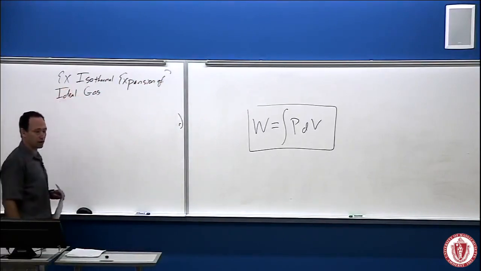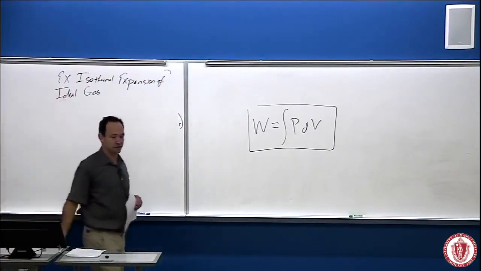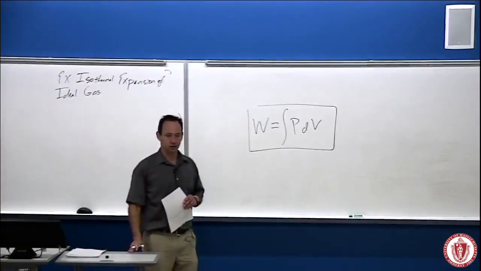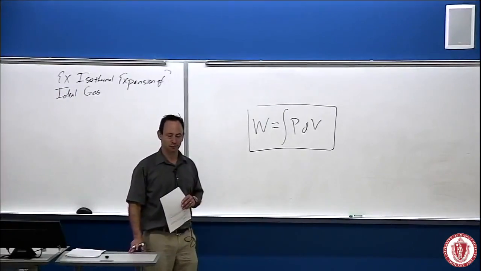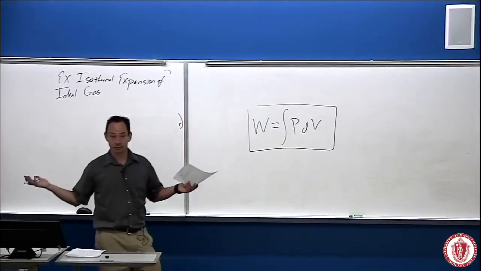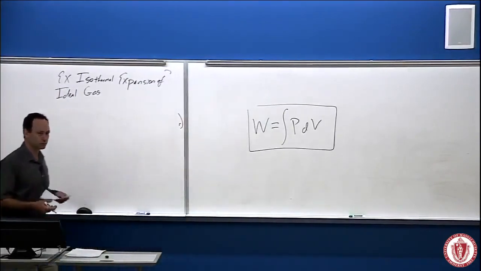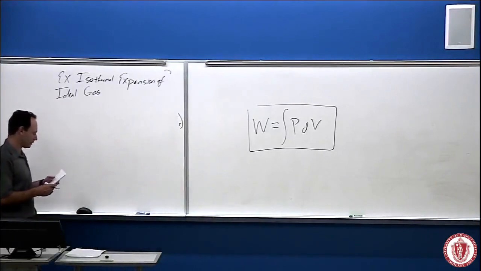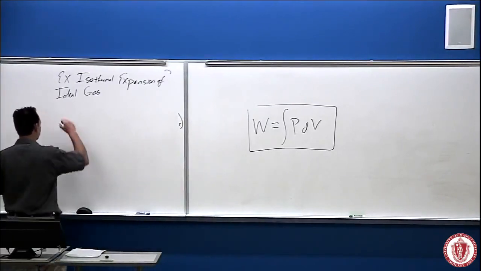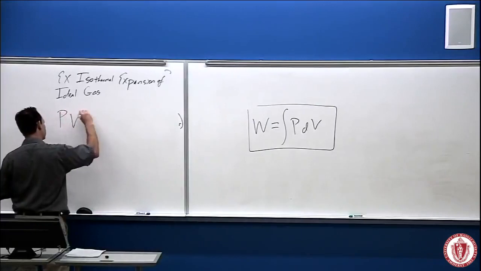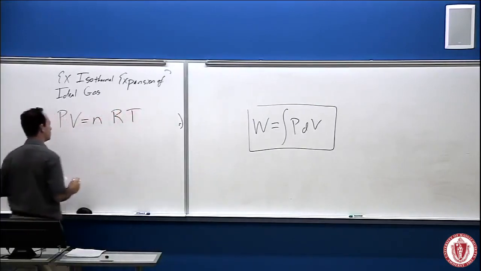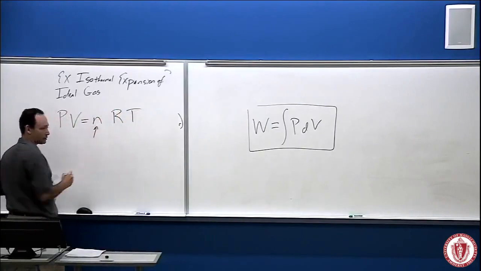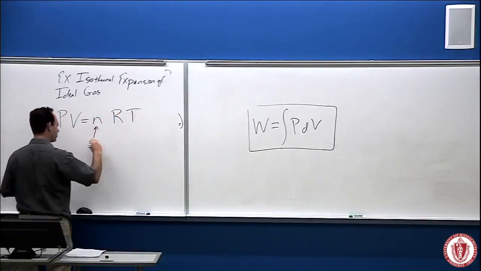Ideal gases are gases that are relatively low densities, usually, to keep it simple. So air here in this room, pretty well described by the ideal gas model. So we've got pressure times the volume equals nRT. n is the number of moles.